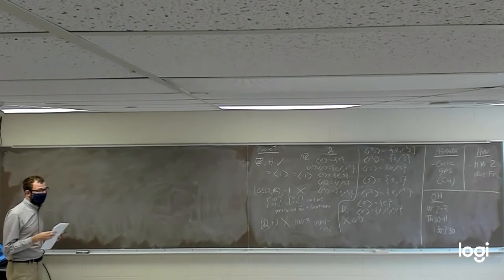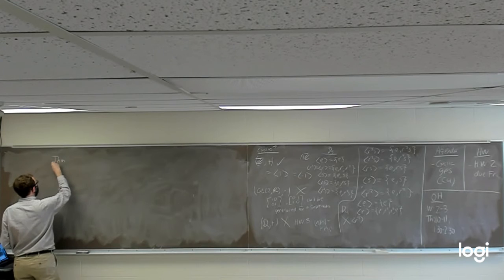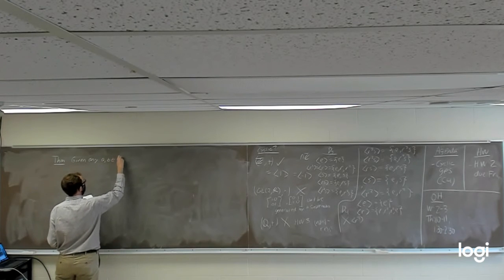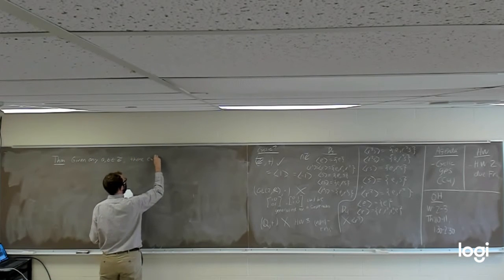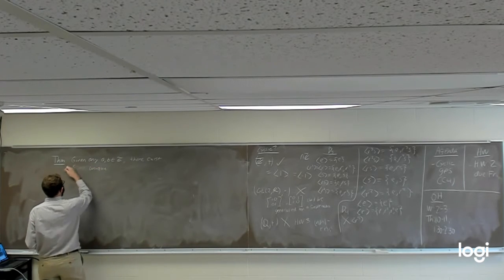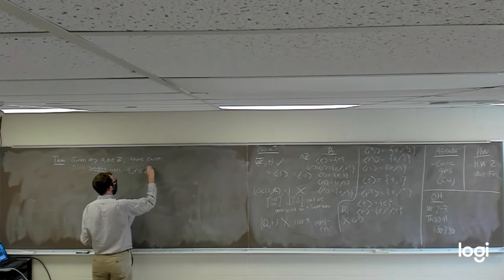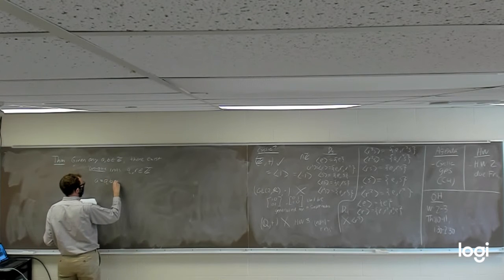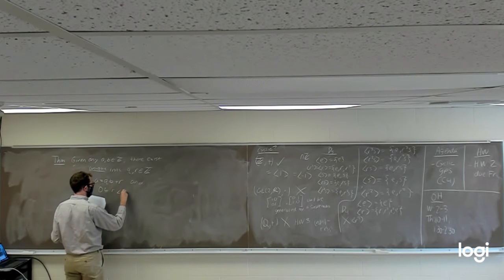So I'm on the second page, and it comes down to this theorem, basically the Euclidean algorithm theorem, which says, given any integers a and b, there exist unique integers q and r such that a is equal to qb plus r, and r is between 0 and b.